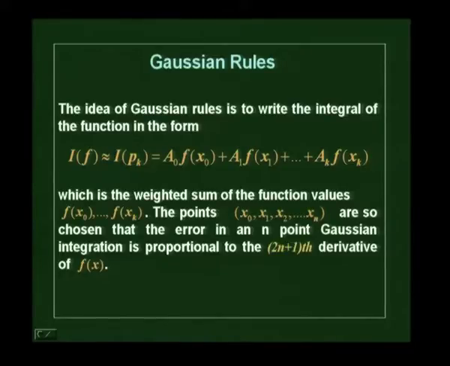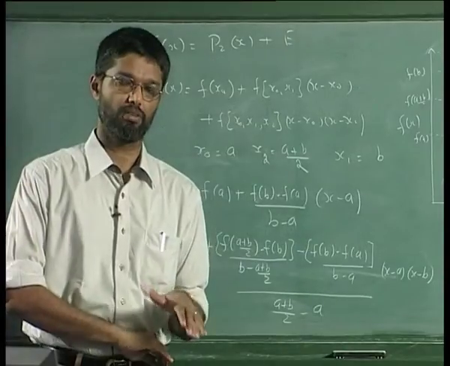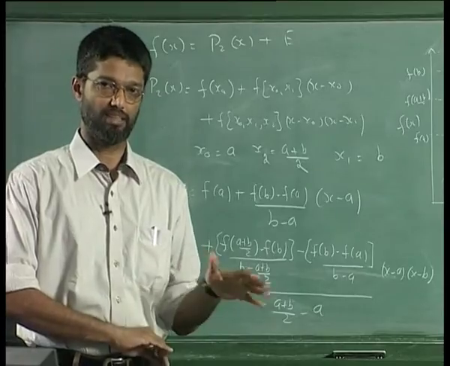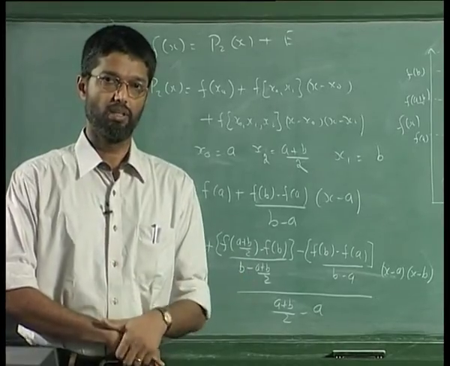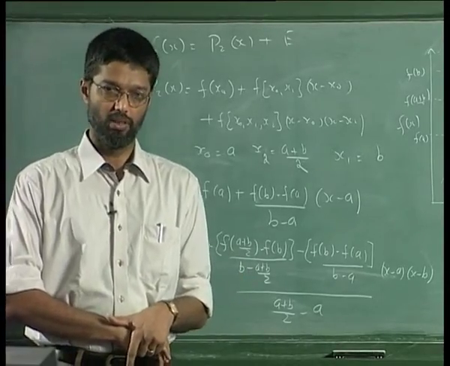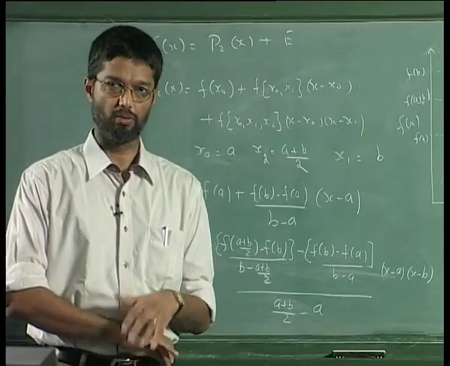Now we go to a slightly different method of evaluating integrals numerically, but again in a sense using the same basic idea that we can approximate the function by a polynomial, and these rules are called Gaussian rules.